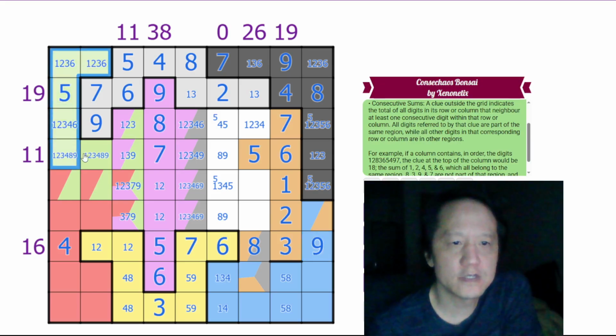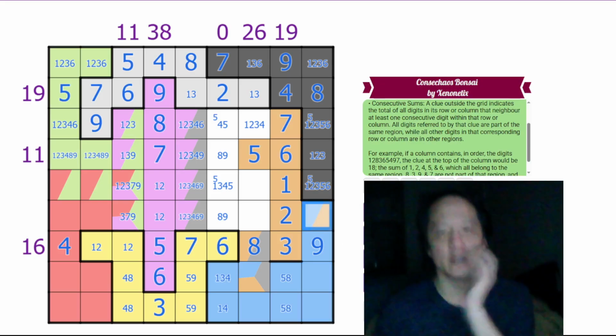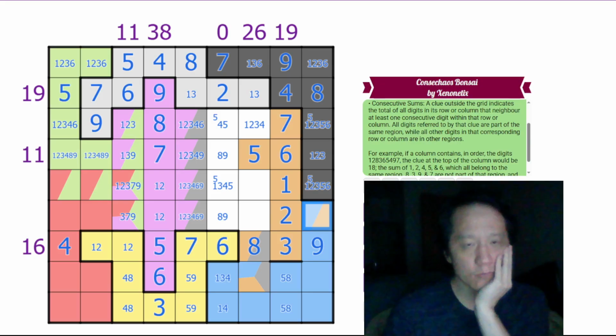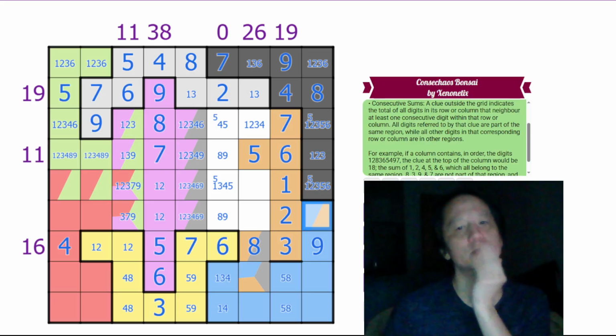This is 6. This is 7. Okay. This is 9. This cannot be blue. Remaining digits in column 9 are... Cannot be 2.